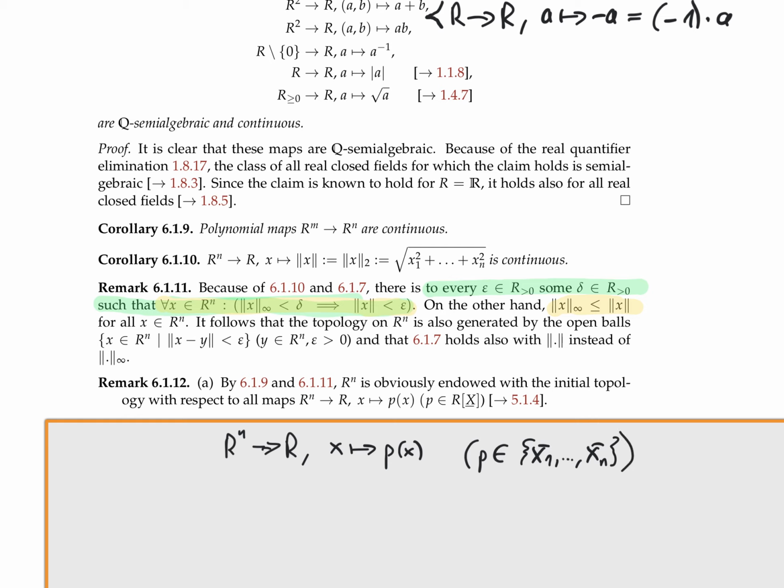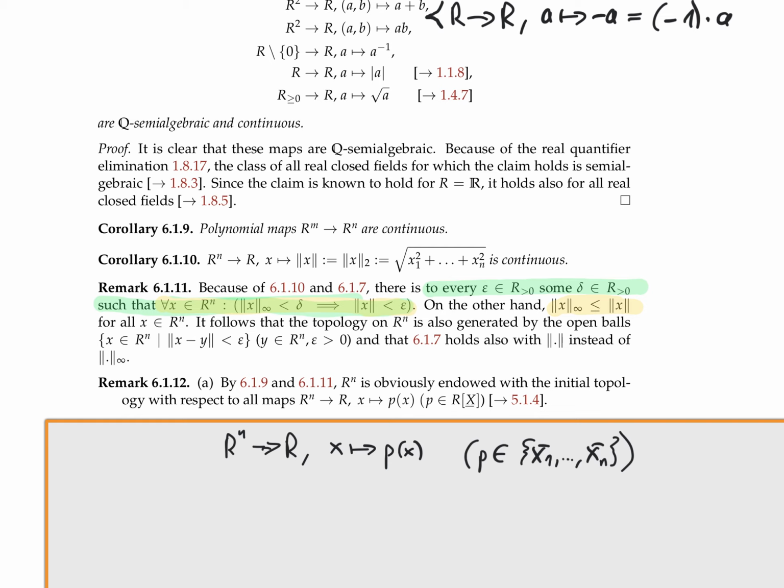So the product topology is the initial topology with respect to the projections. I could write these projections in this complicated way by taking a polynomial which is actually a variable and saying x is mapped to P of x. Good, it's the initial topology with respect to these maps.